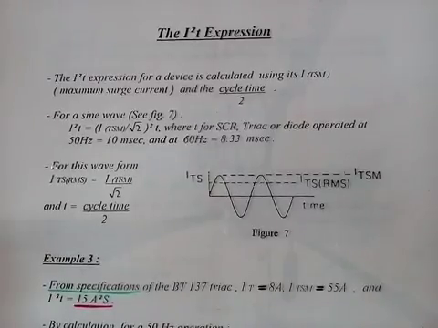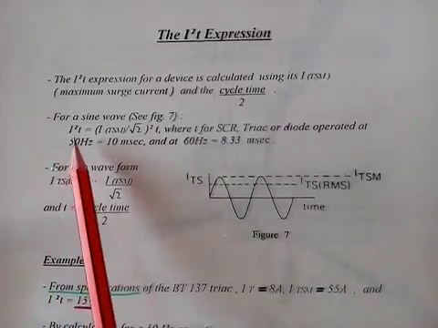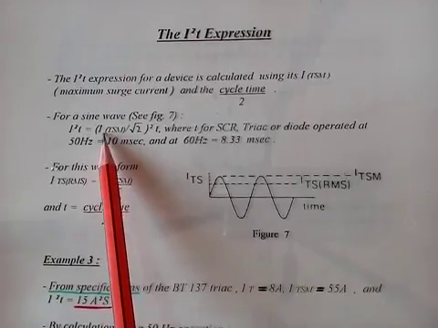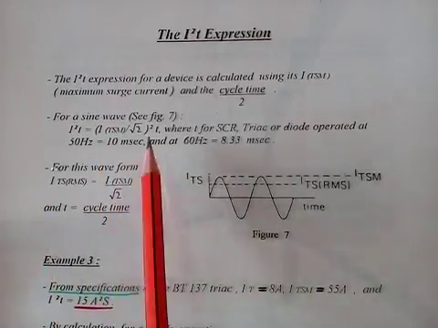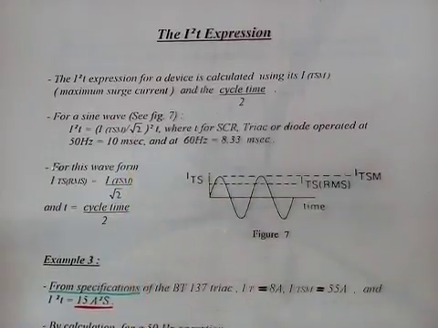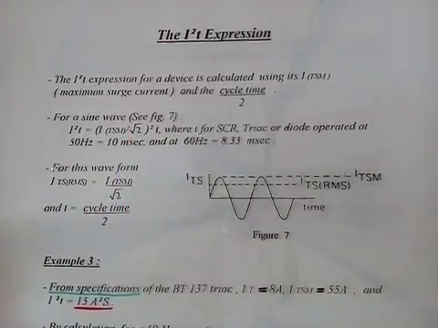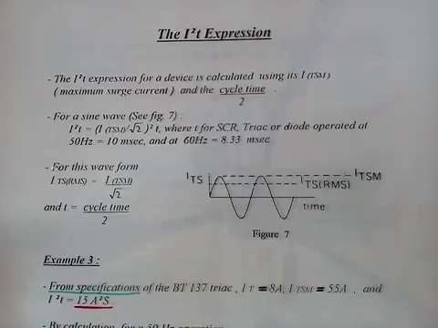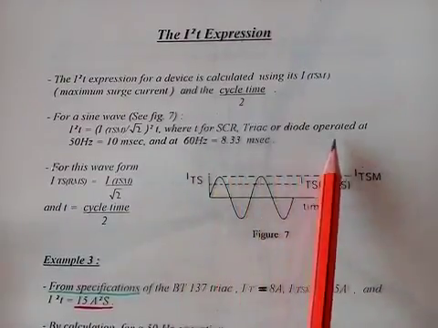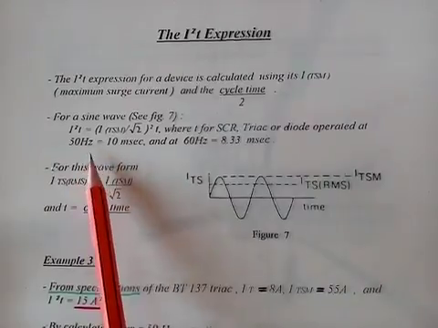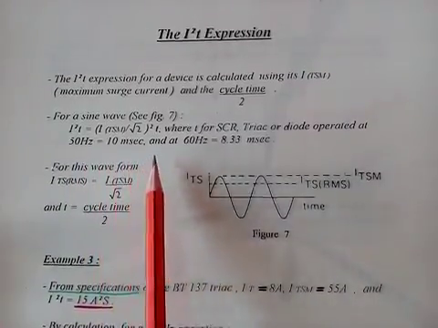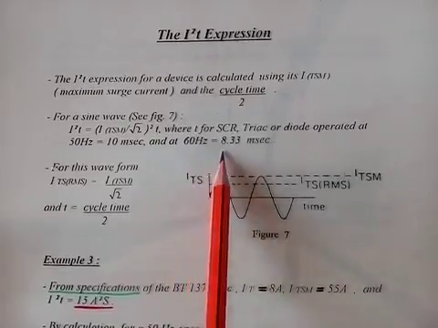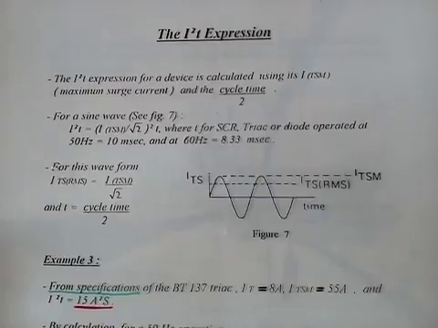For a sine wave, the I2t would be equal to the ITSM divided by the root of 2, so that's the RMS of a sine wave, squared, multiplied by T, where T for an SCR, TRIAC or diode operated at 50 Hz is 10 milliseconds, and for 60 Hz, that's in the States, it would be 8.33 milliseconds.